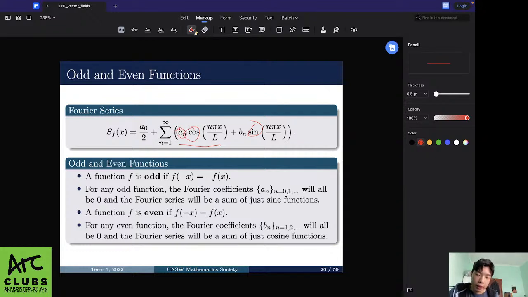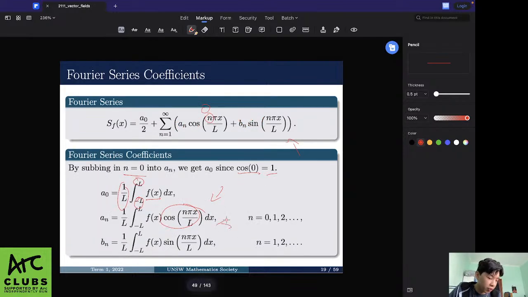But in the same way, if f is even, then since cos is even, we would only have cos terms. If you add two cos functions, it's going to be an even function overall. But if you add another odd function, like a sine, then it's no longer going to be even. So generally, if you find that f is even, then we can just say bn is equal to 0. This is a really useful trick. Just try to find odd and even. Generally, it's a really big time saver because you won't be having to calculate one of these integrals.